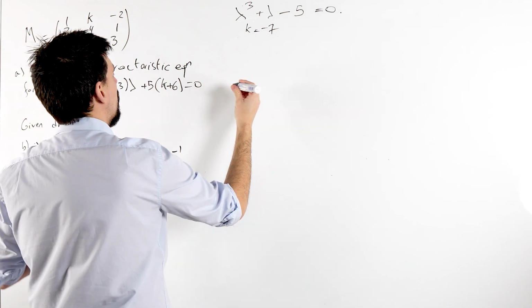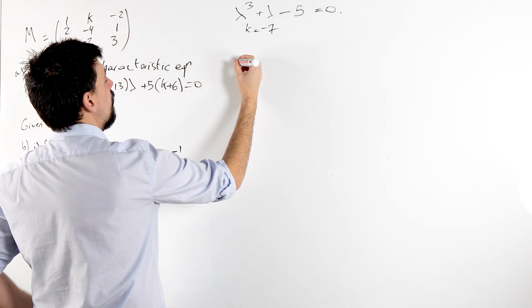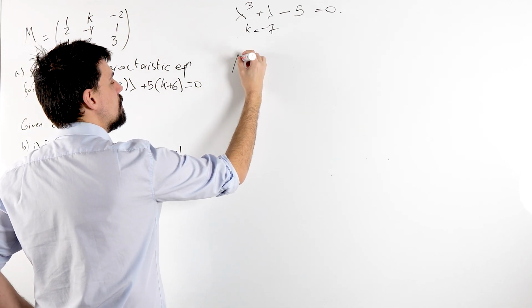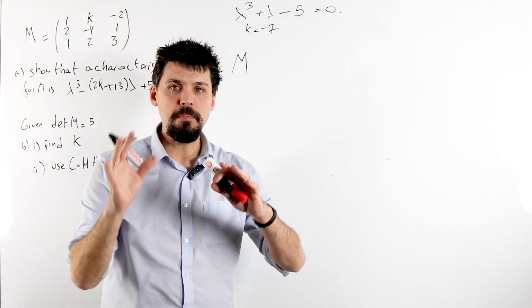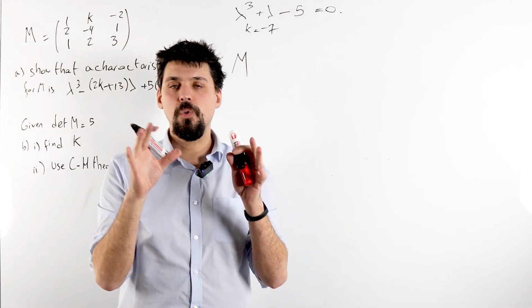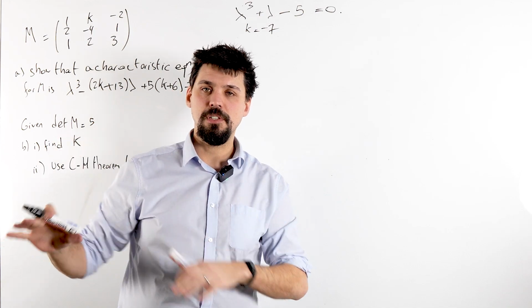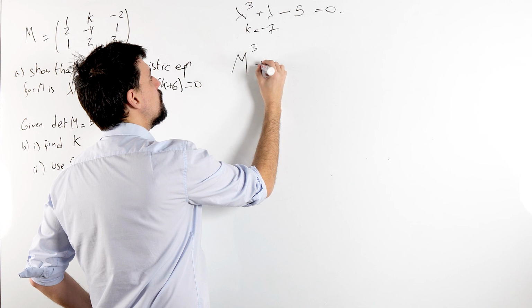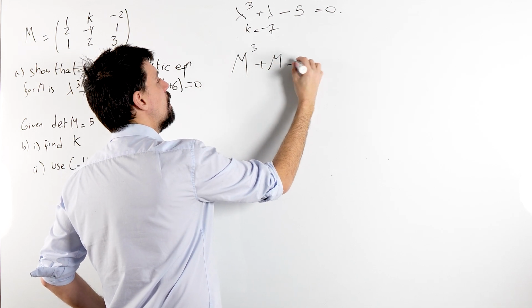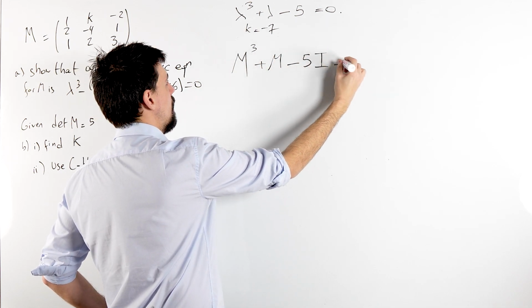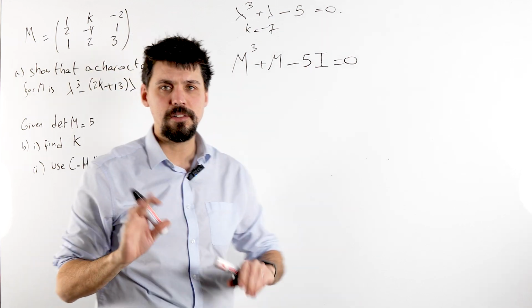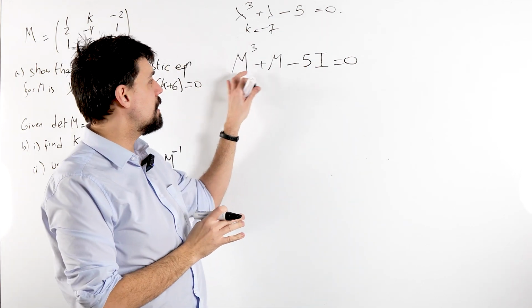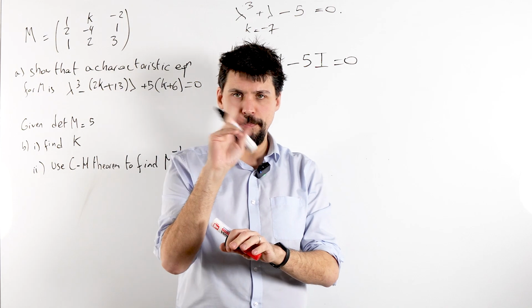Okay. Now, what we know from the Cayley-Hamilton theorem is that my matrix itself also satisfies its characteristic equation. That's what we know. So it tells me that M cubed plus M minus 5 times the identity. We do need to put that in. Don't just put minus 5, otherwise you'd have matrix, matrix, and scalar.